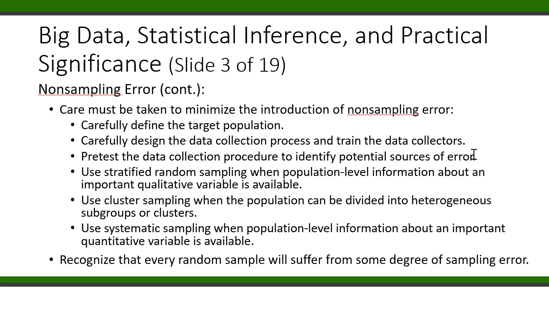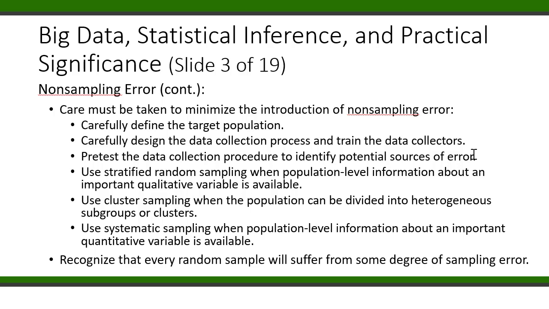You also want to use a stratified random sample when the population level information is an important qualitative variable. You would also want to do some cluster sampling when your population can be divided into heterogeneous subgroups or clusters.